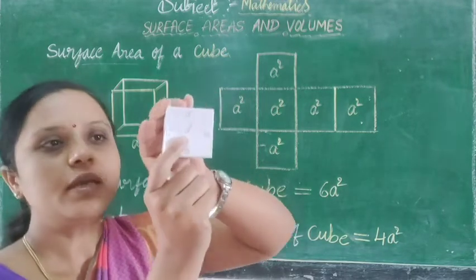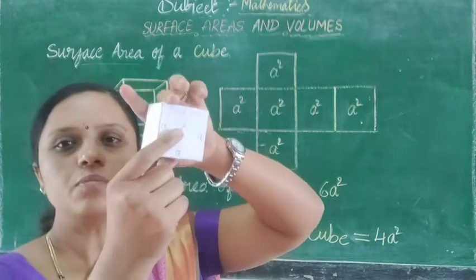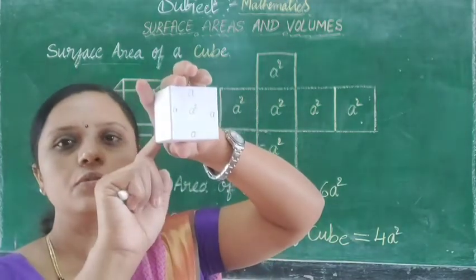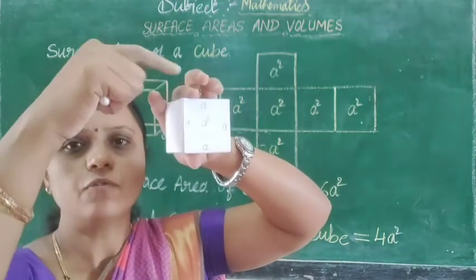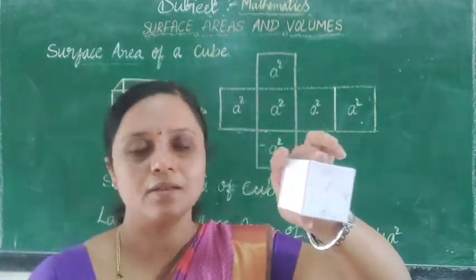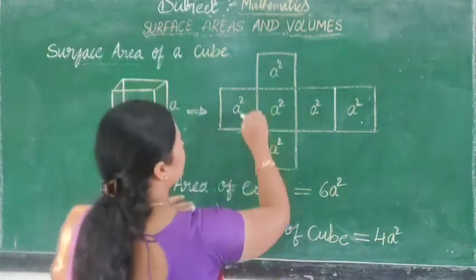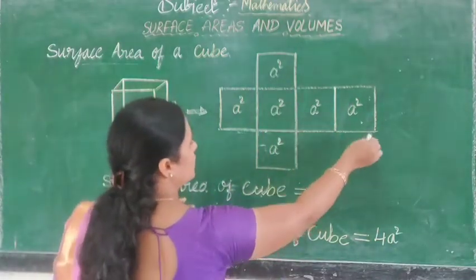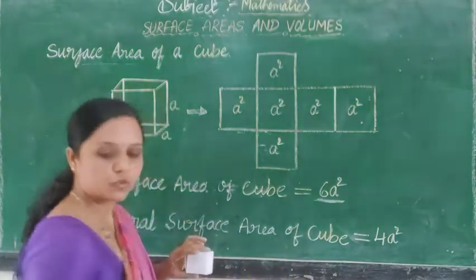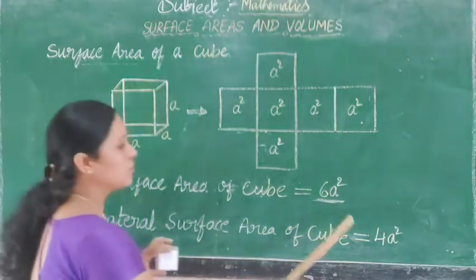How many squares are there in this cube? Now count them. This is 1, 2, 3, 4, 5, 6. There are 6 squares. Therefore, the area of 6 squares. Now look at this one. The area of these 6 squares will be 6A square. Therefore, the surface area of a cube is equal to what?